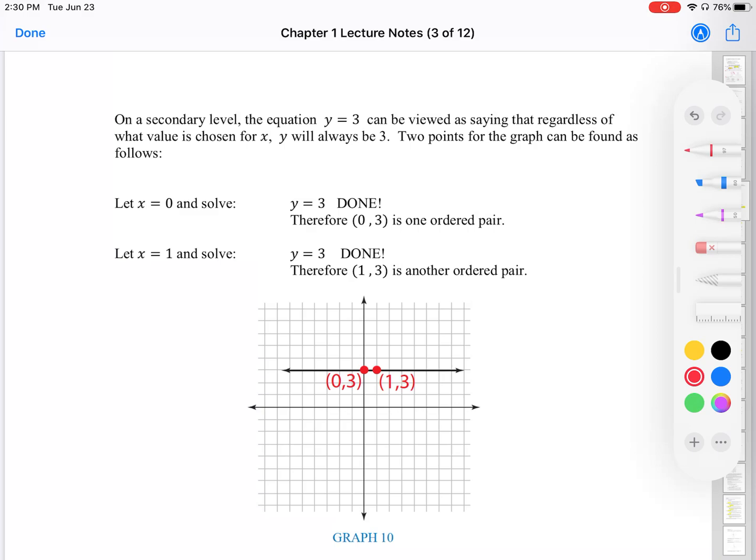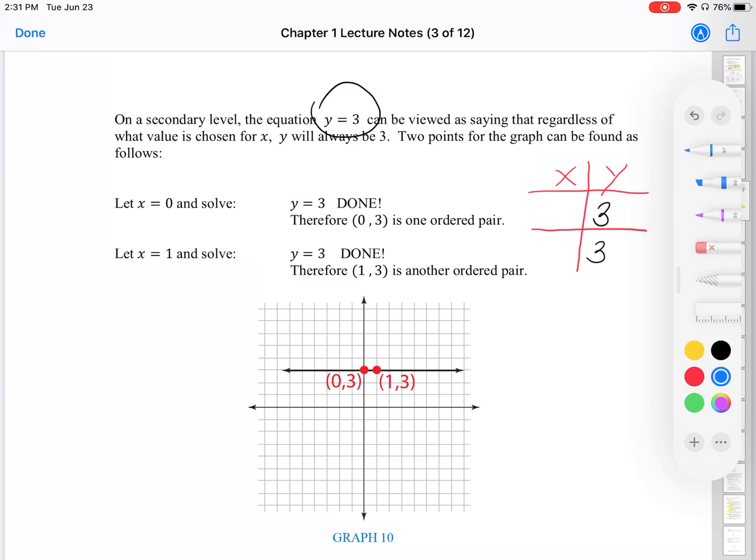Two points for the graph can be found as follows. So you can also do this using a little chart. Remember, our points are always given as x comma y. Let's do our chart for our x's and for our y's. Now this is telling us that y is always going to be 3. So for my y's, let's write a 3 down.